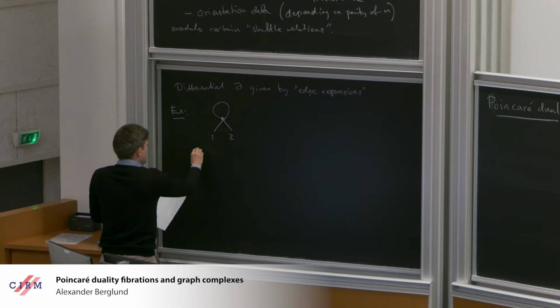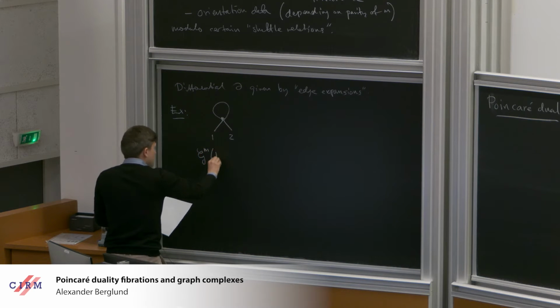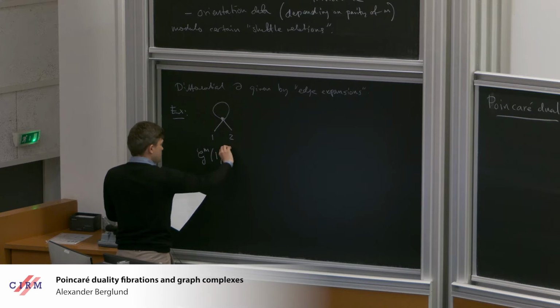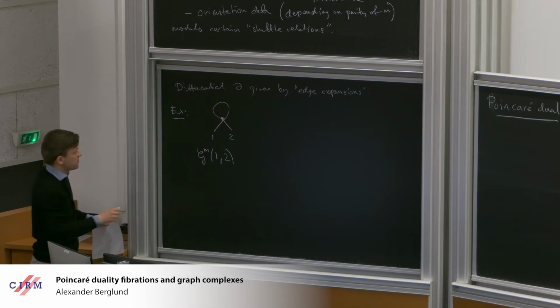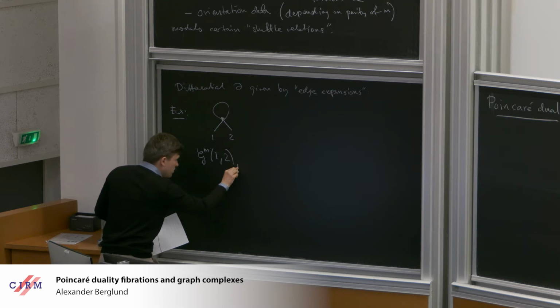This represents an element with rank 1, and I have 2 legs labeled 1 and 2. Here I have a 4-valent vertex, so the deviation from trivalence is 1, so the homological degree is 1.